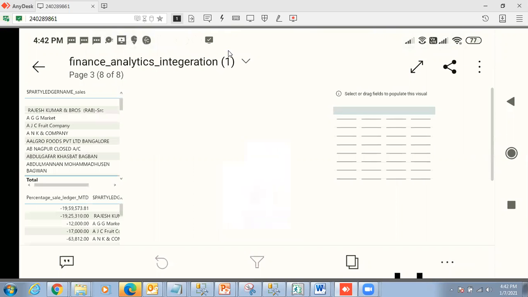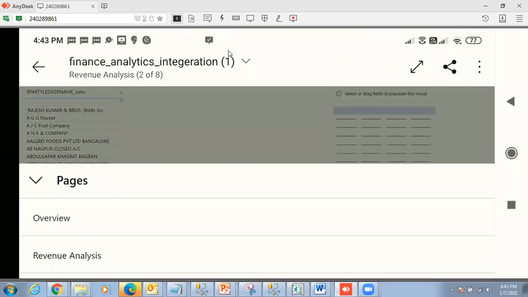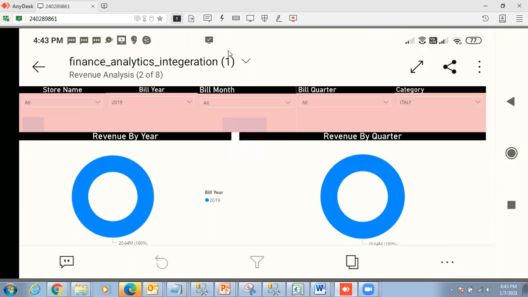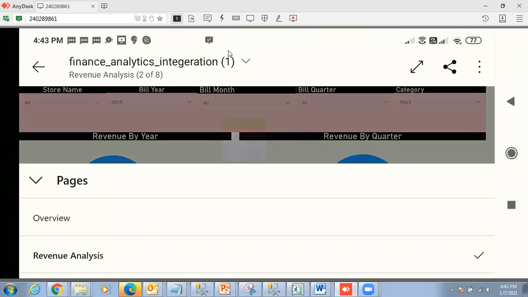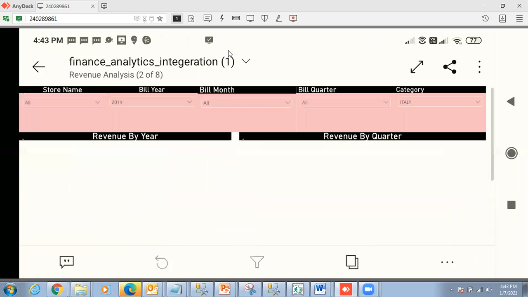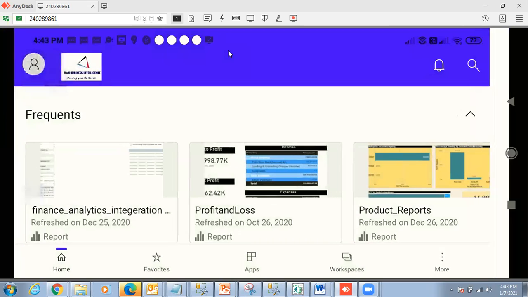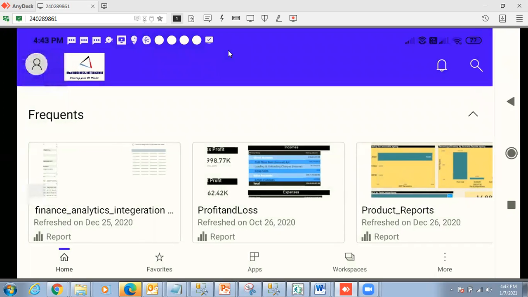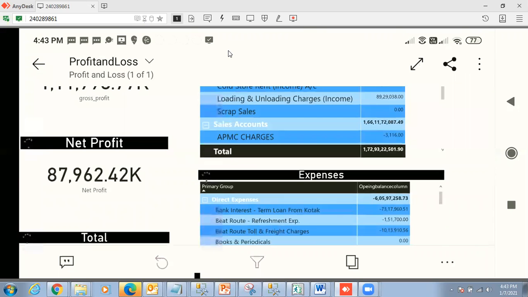So you can see that these dashboards are very low. My apologies. If I look at profit and loss, okay.